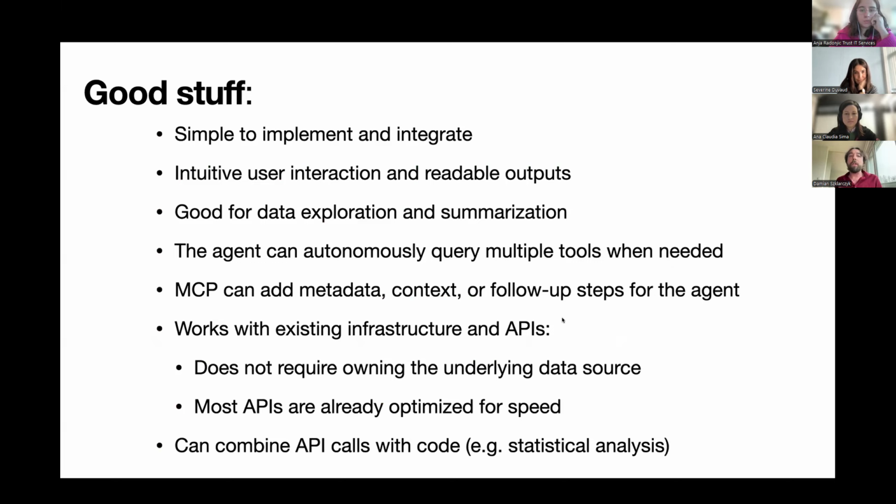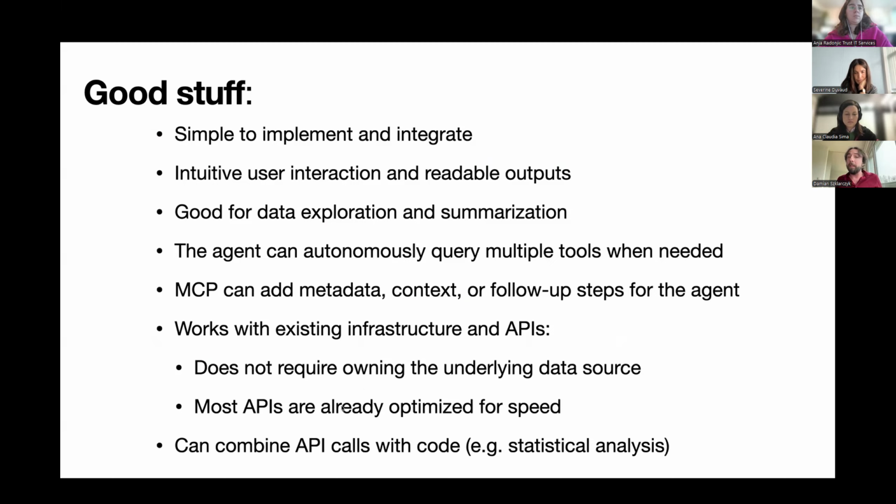It works with existing infrastructure and APIs. So, as I said, you don't need to own the API or the resource. You can connect your resource, but use, for example, protein translation from another resource, like Uniprot or String. And most APIs are already optimized for speed, so it is usually very fast.